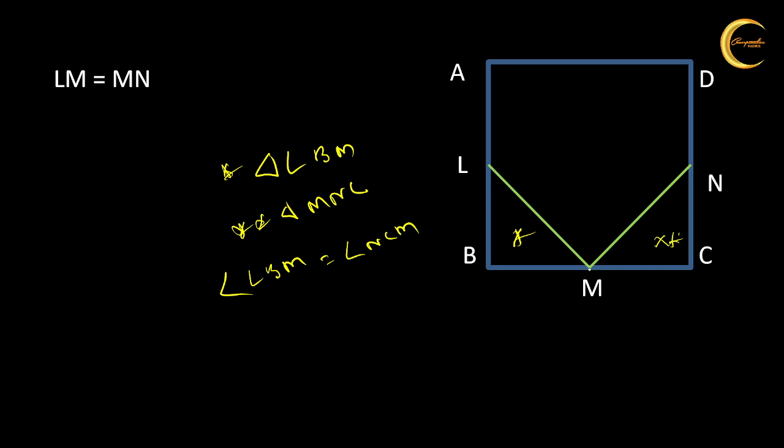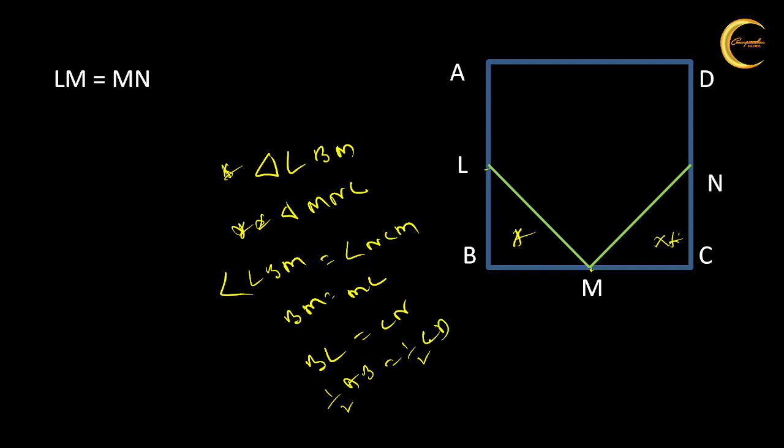This is the midpoint, so BM equals MC, and L is the midpoint of AB, so BL equals CN. Why does BL equal CN? Because half of AB equals half of CD.